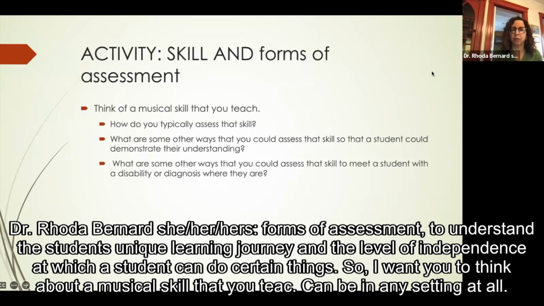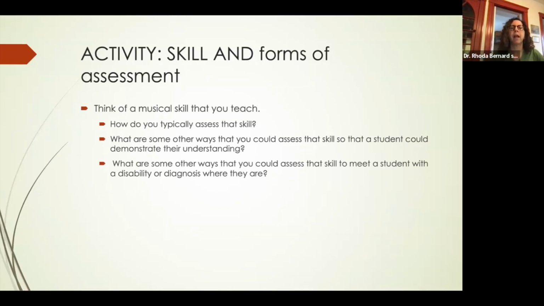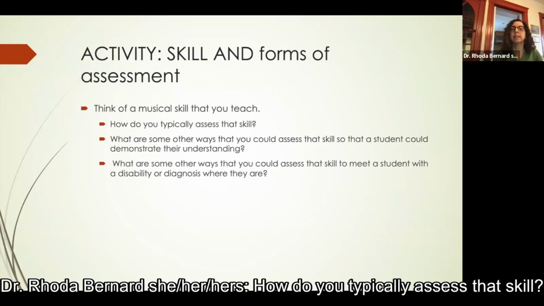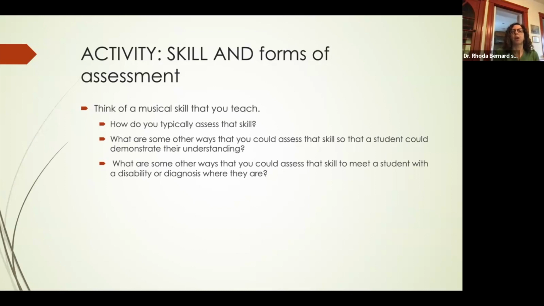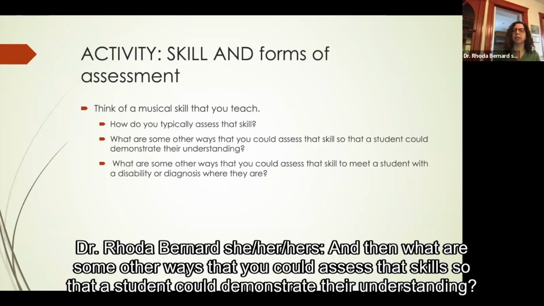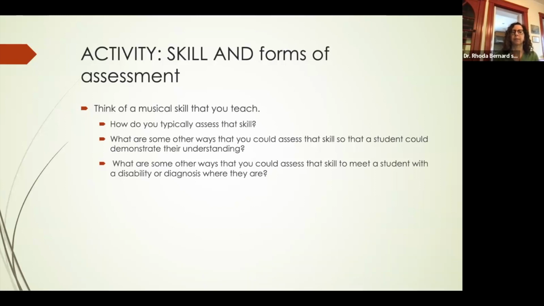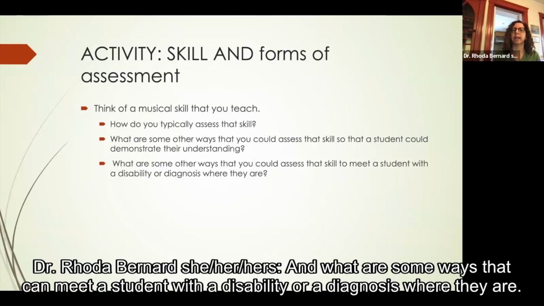So I want you to think about a musical skill that you teach. Can be in any setting at all. How do you typically assess that skill? And then what are some other ways that you could assess that skill so that a student could demonstrate their understanding? And what are some ways that can meet a student with a disability or a diagnosis where they are?